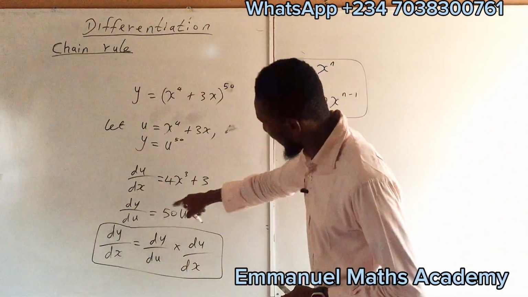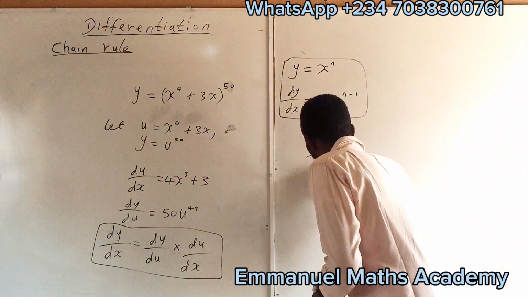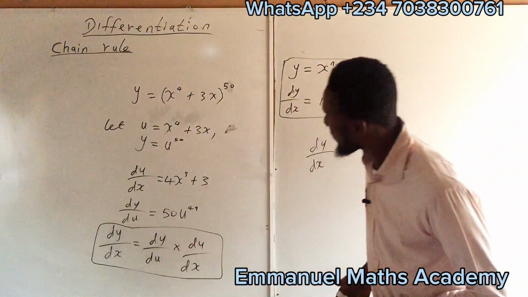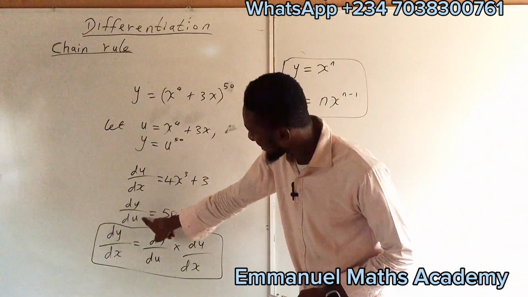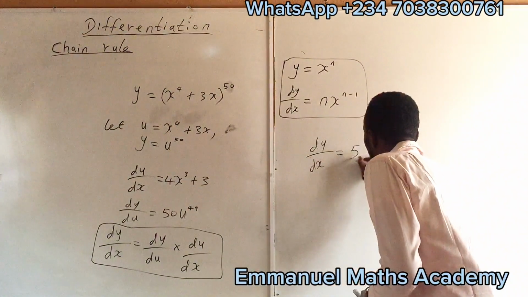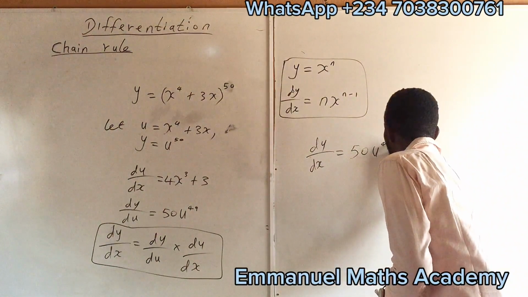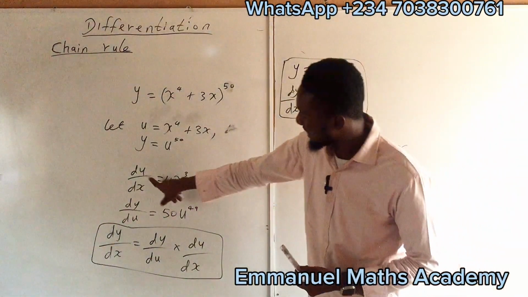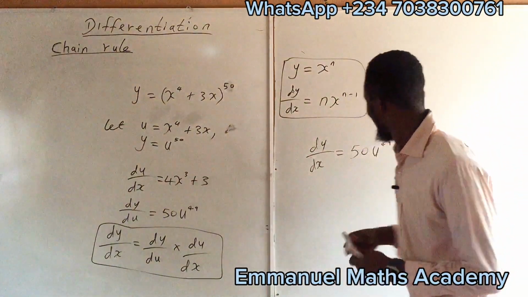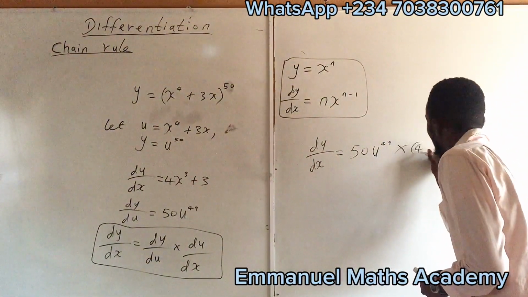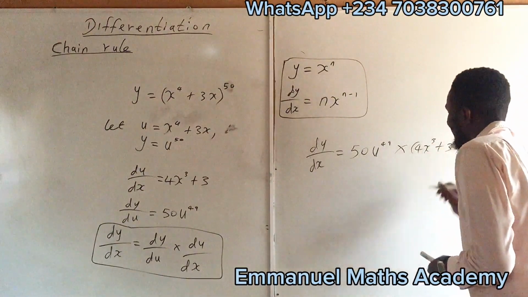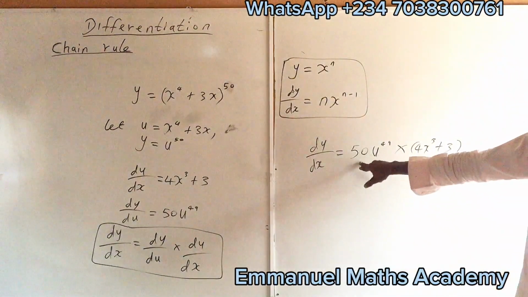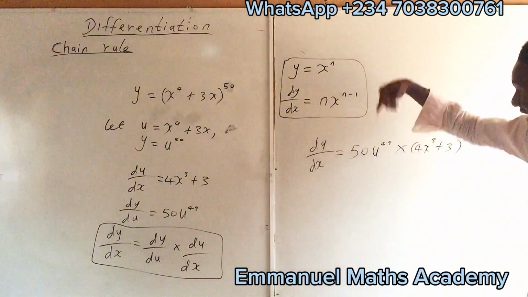From here you have that your dy dx is equal to dy du times du dx. What's our dy du? We have our dy du here as 50 u power 49, times our du dx, which is 4x raised to the power 3 plus 3. Now recall that you have to express this as a function of x and not u.